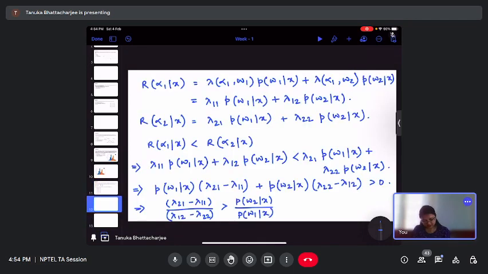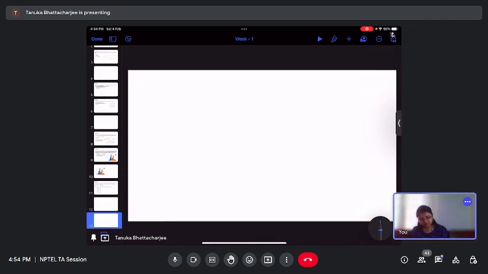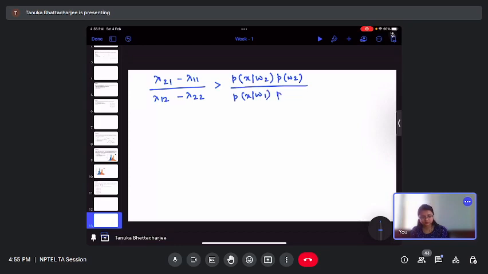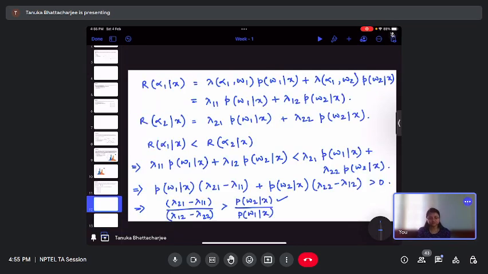So, we will write this. I have not written the denominator p(x) in each of the cases, because those two cancel out if you have the same x on both probability of omega 2 given x and omega 1 given x.